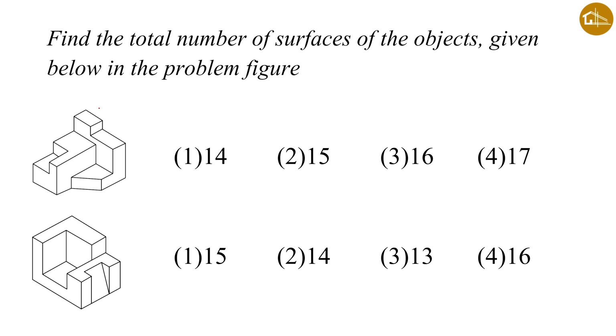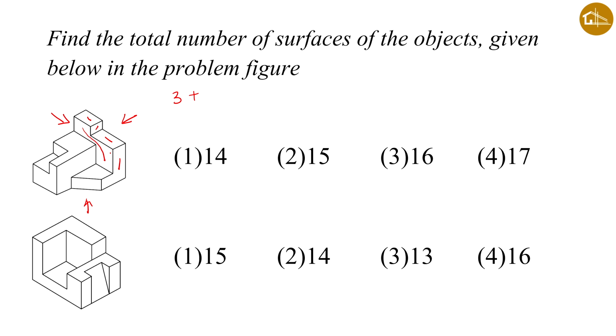First of all, we have to count the number of surfaces which are hidden, like from this side and from the bottom. So we have three surfaces. Now we will count all of them which are visible. So three are these. So 1, 2, 3, 4.